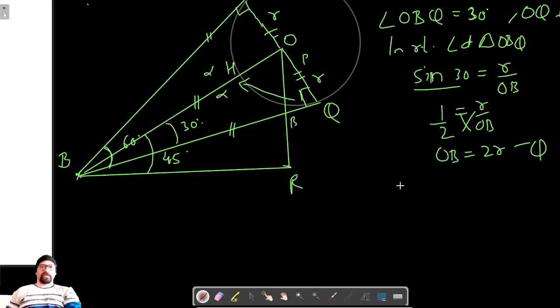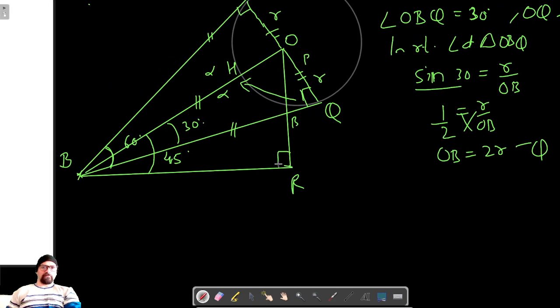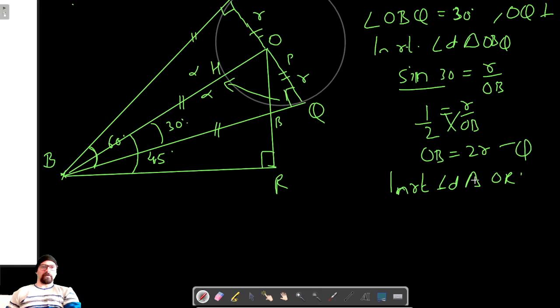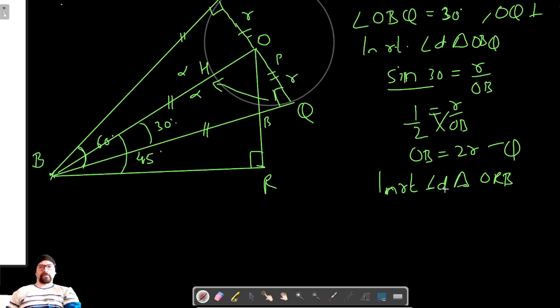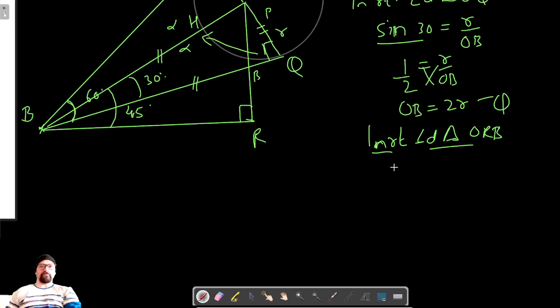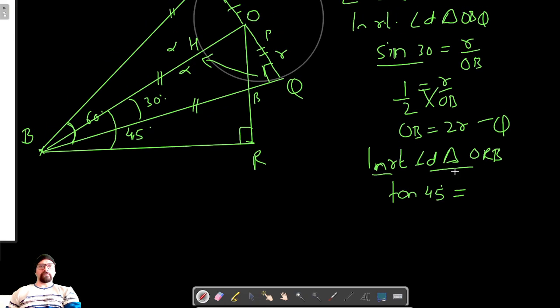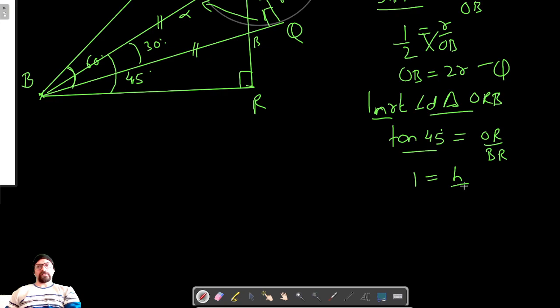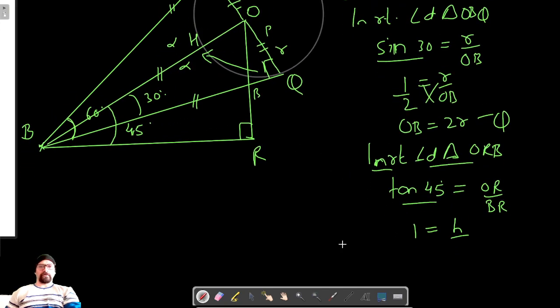Now let's move on to the right angle triangle ORB. This is also 90 degrees because this is the perpendicular distance. We are not going to use tan 45 here.